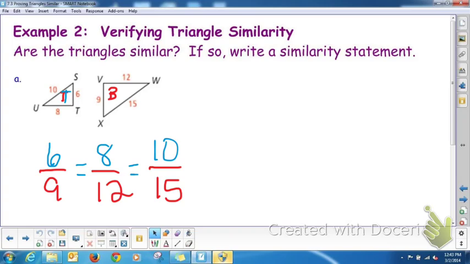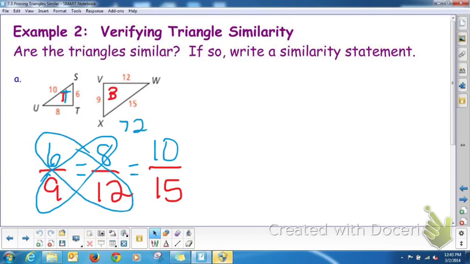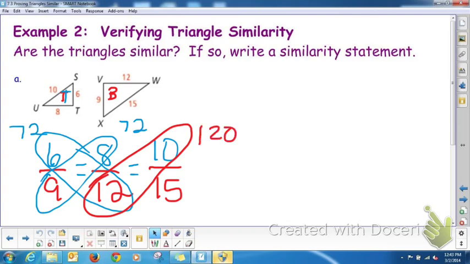You could do 9 times 8 and 6 times 12. We could do 12 times 10 and 15 times 8. So that's one way to do this, to cross multiply.